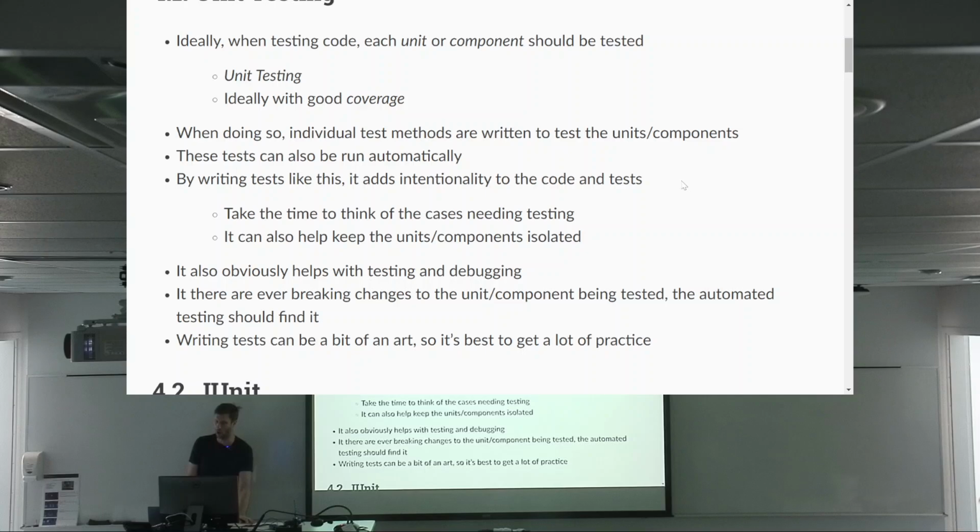So when you write code, each unit or component should be tested. This is called unit testing. Another word we use is coverage. We want our tests to have good coverage, meaning how much of our code is covered by these tests. When doing so, individual test methods are written to test the units and components.